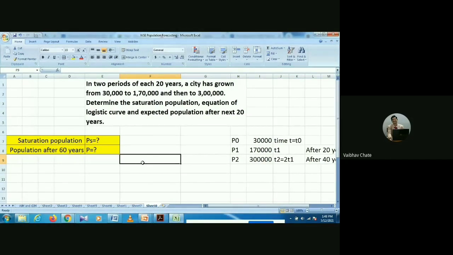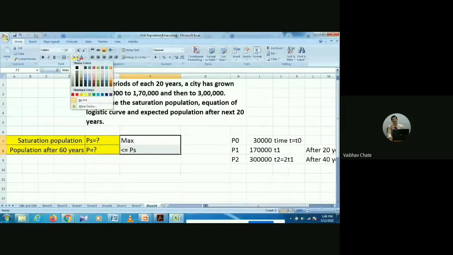But after 60 years, what will happen to the population? It may not be the saturation population. Try to understand the difference between the saturation population and the population after 60 years. The saturation population will always have the maximum value. The population after 60 years will be less than or equal to PS. This is how I can come to one conclusion.